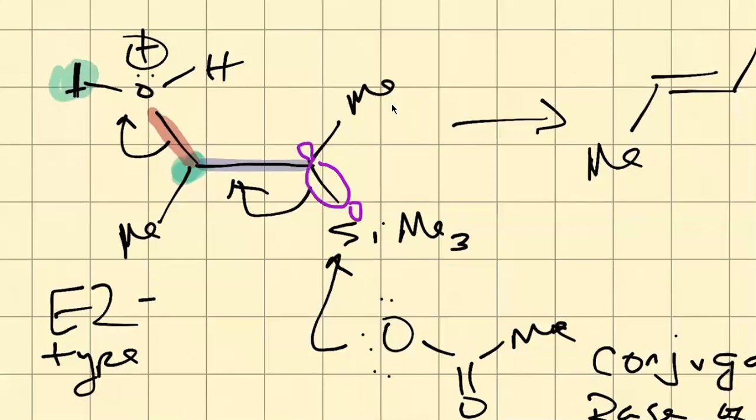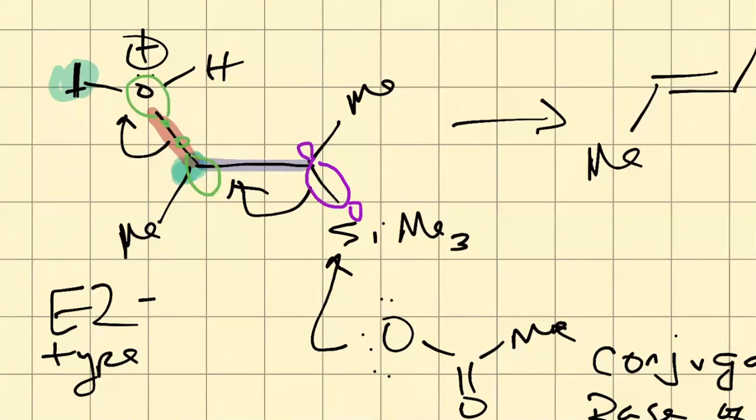which looks something like that, has the overlap with the sigma star of the CO bond adjacent to it, right? So the sigma star is going to look like this, where I have a lobe here and then a lobe here, right? Because sigma star is anti-bonding.